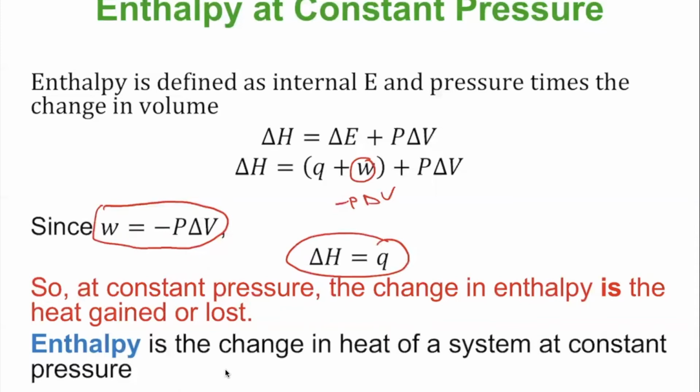To calculate enthalpy, we just figure out Q, because delta H is going to be Q. So enthalpy in general is the change in heat of the system at constant pressure.